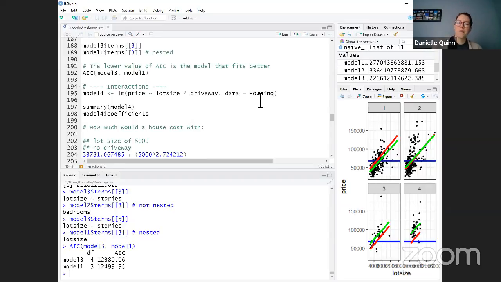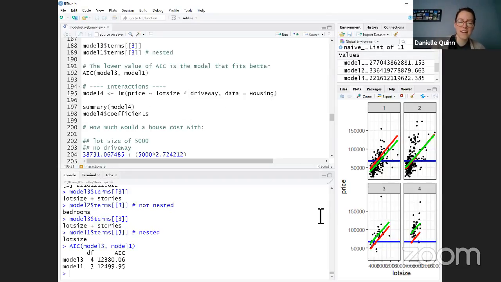So now let's talk about interactions. At this point, we have only talked about multivariate models in the sense that we can add more than one predictor. So we had lot size and stories. But what if now we say, we actually think that lot size and whether or not it has a driveway is really what's going to be important. So we're going to be introducing 2 new concepts here in one.